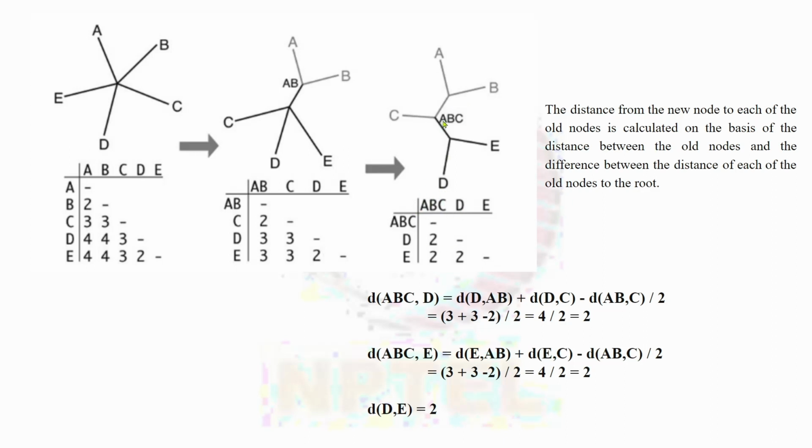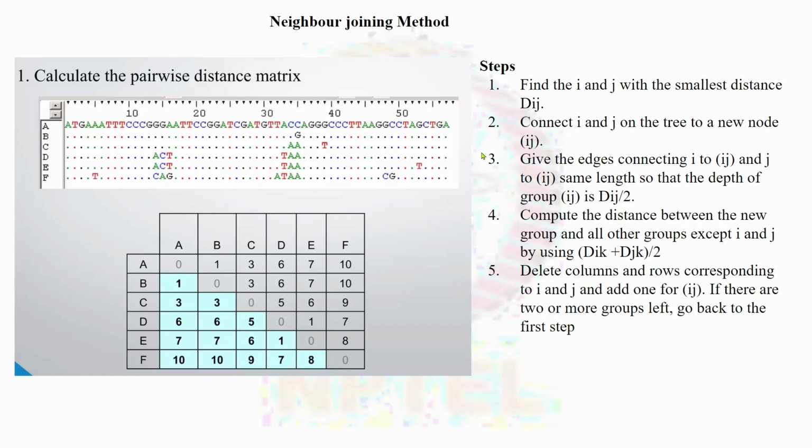A new node has been formed, which is a combination of A, B and C. Similarly, the distances of the new node ABC with D and with E have been calculated. And finally, we join D and E to complete the tree construction.